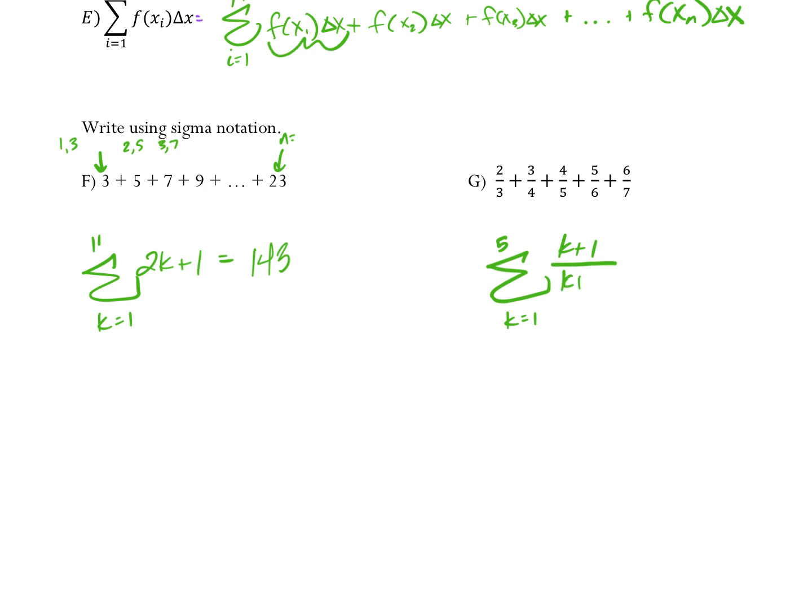Is k always 1 at the start? No. It's usually 1 or 0. Why is it 1? Because it's easier for you to see this as the first term, the second term, the third term, the fourth term. I could just as easily write the sum of K equals 0 to 4 of K plus 2 over K plus 3.